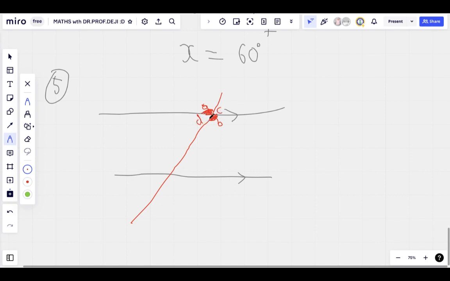So we say A equals B, and C equals D. Any angle in A is the same as the angle in B, and any angle in C is the same as the angle in D. Therefore, vertically opposite angles are equal.